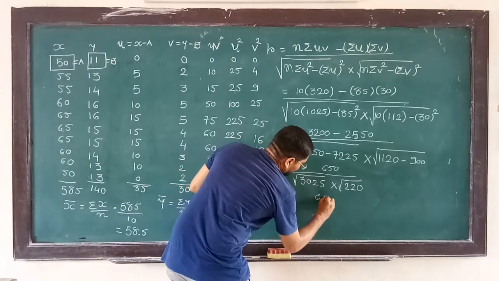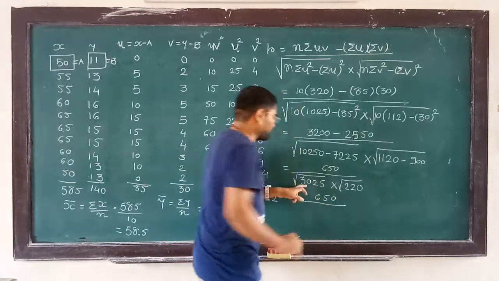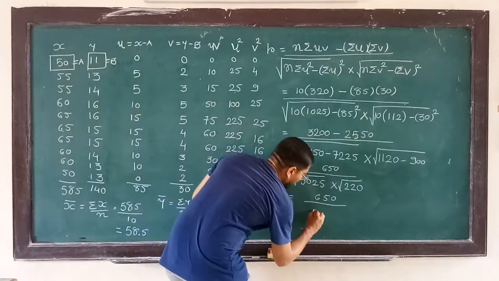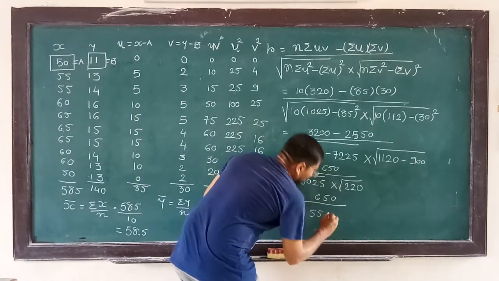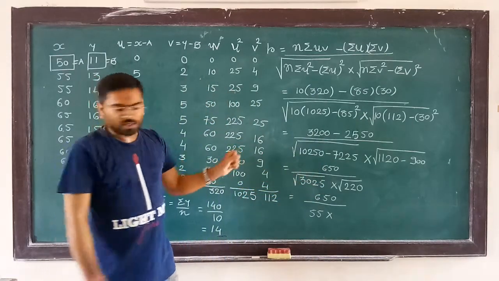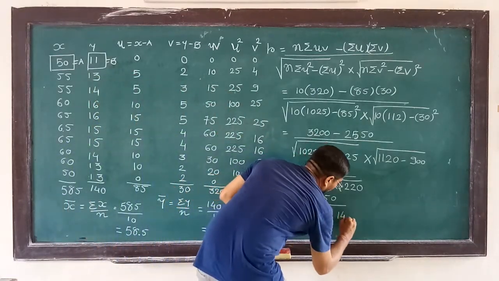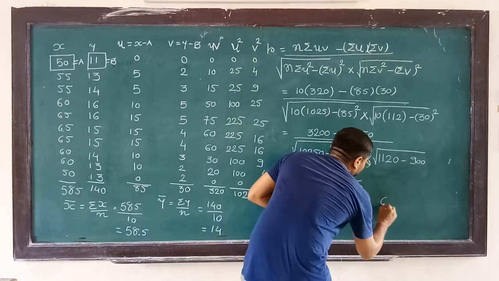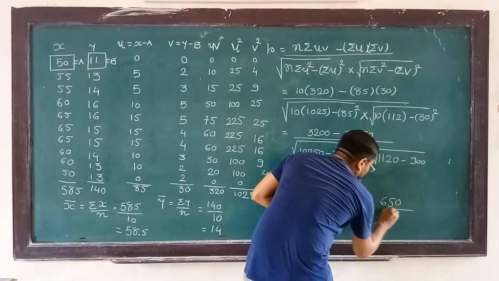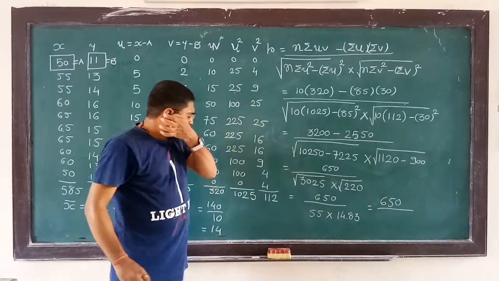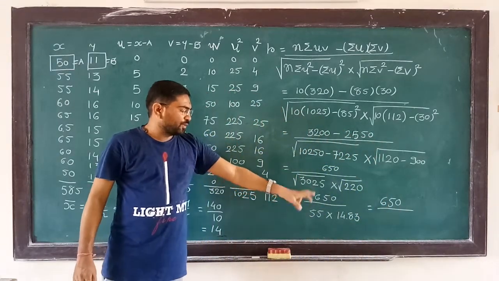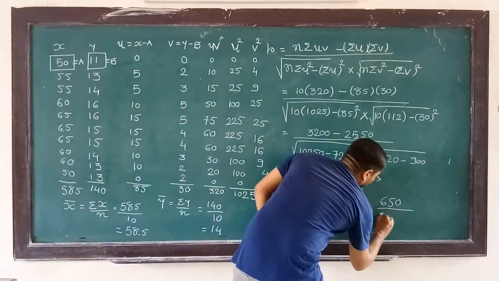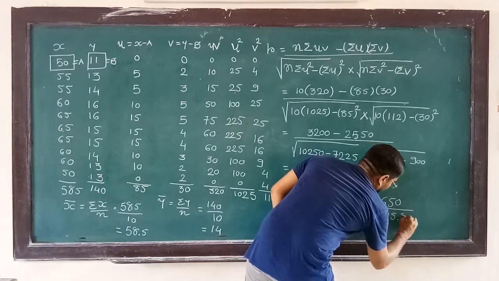Now 650 upon the root of both. The root of 3025 is 55 and the root of 220 is 14.83. Now 650 upon the multiplication of 55 into 14.83, which is 815.83.